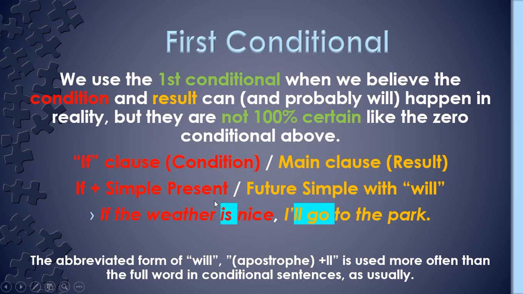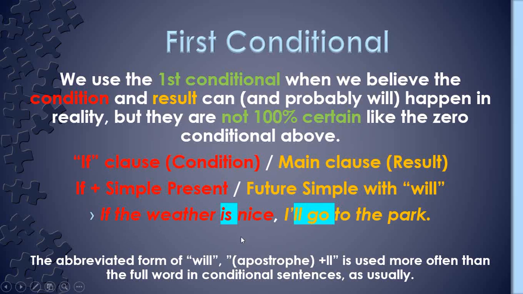But what happens with the main clause? Look at this. We are going to conjugate the verb in future simple tense with will. Okay, so how's that possible? Let's look at one example.